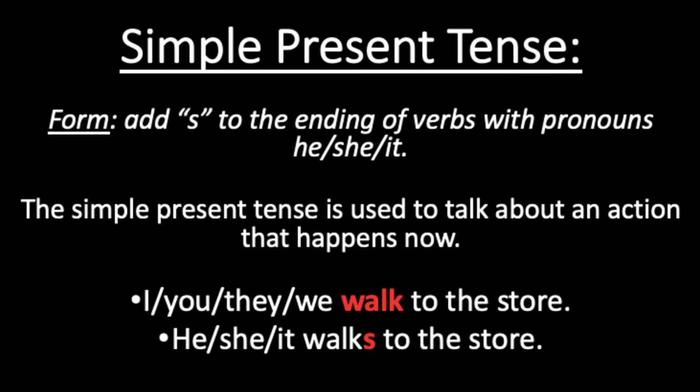The verb stays the same, the base verb. However, if you are using the pronouns he, she, or it, we need to put an S at the end of the verb. For example, she walks to the store, or he goes swimming in the pool.